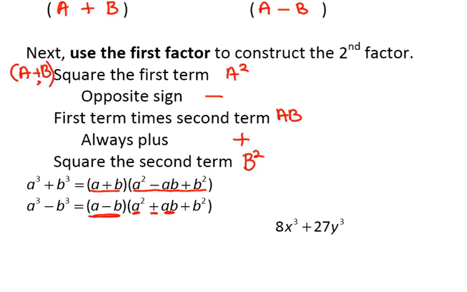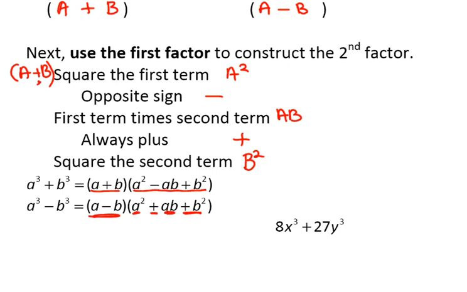I'm going to multiply a times b, and it's always plus b squared. So these two really just have different signs. The first one, a cubed plus b cubed, has a plus in the first parentheses and begins with a minus in the second. The second one has a minus in the first and begins with a plus in the larger parentheses.